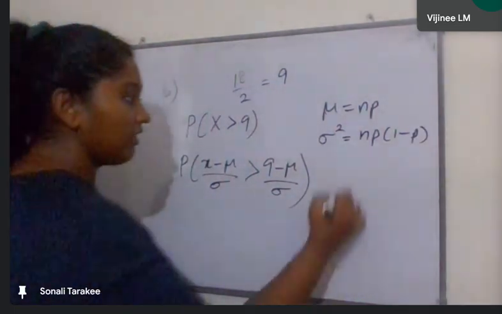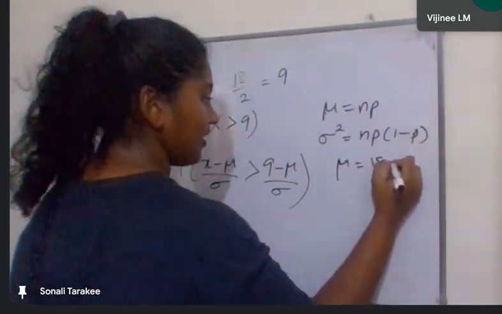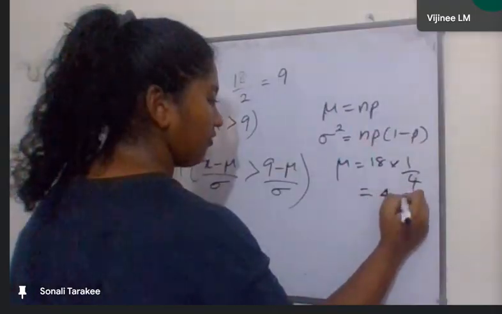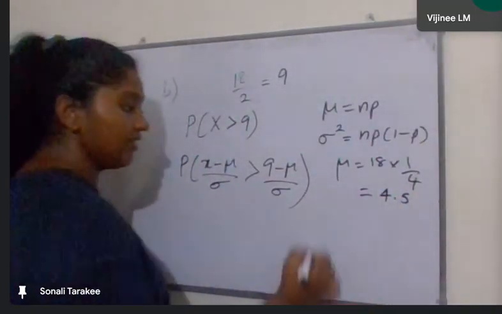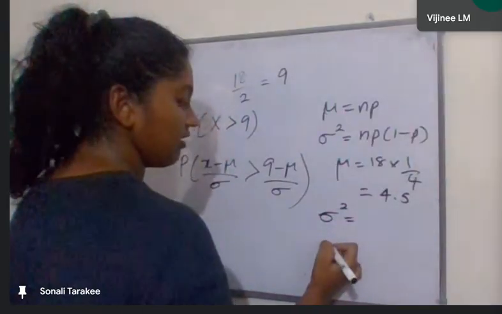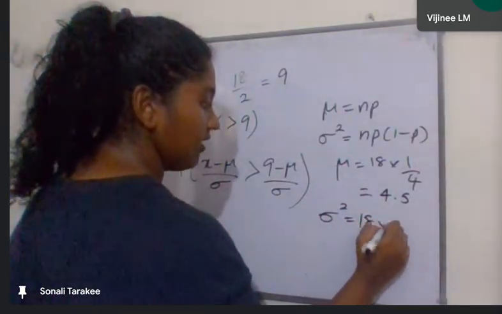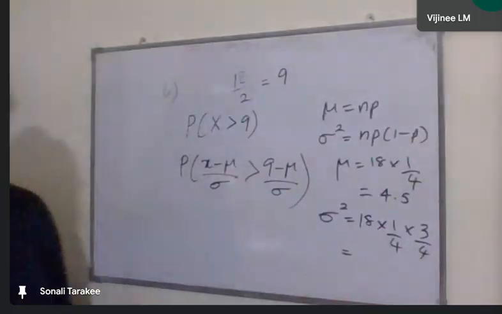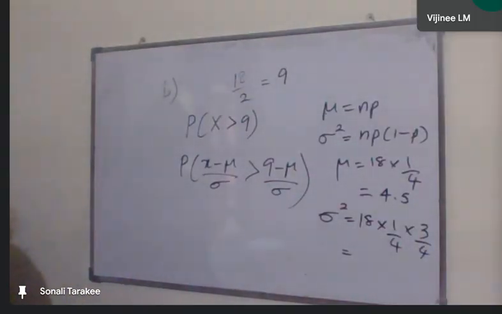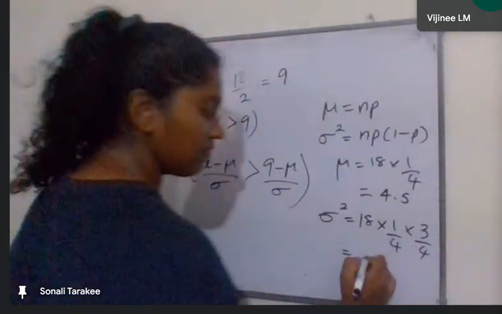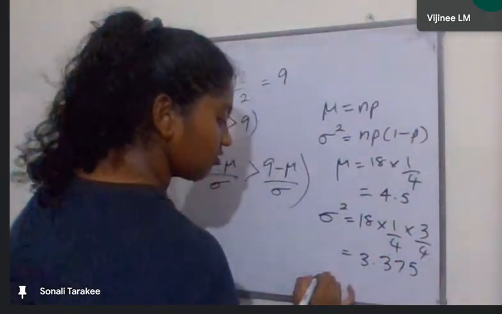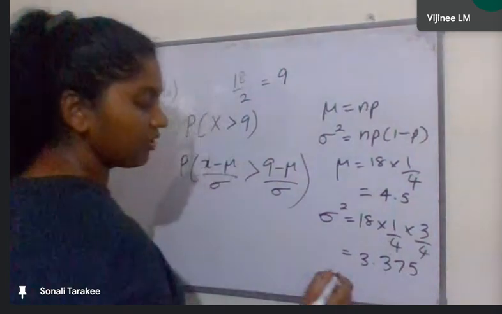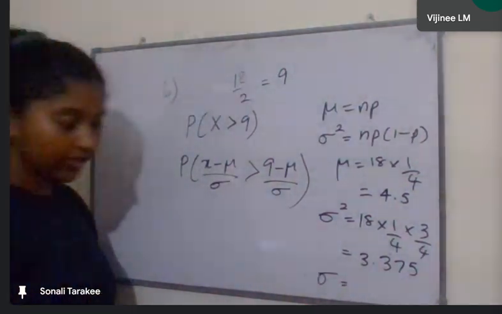If you calculate, n is 18, p is 1 over 4, you get mu as 4.5. Sigma squared is 18 into 1/4 into 3/4, which once you solve is 3.375. So standard deviation is the square root of this, which is 1.84.